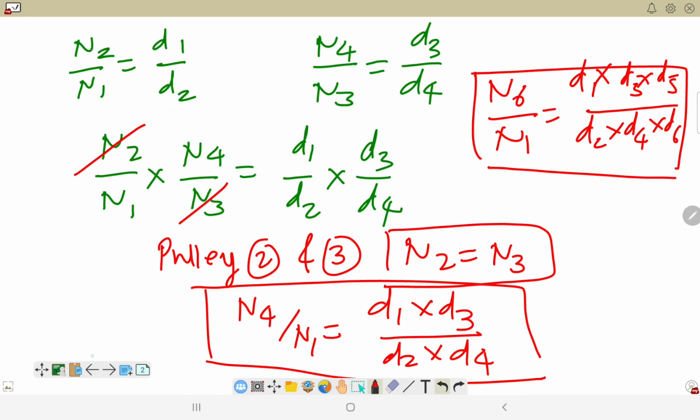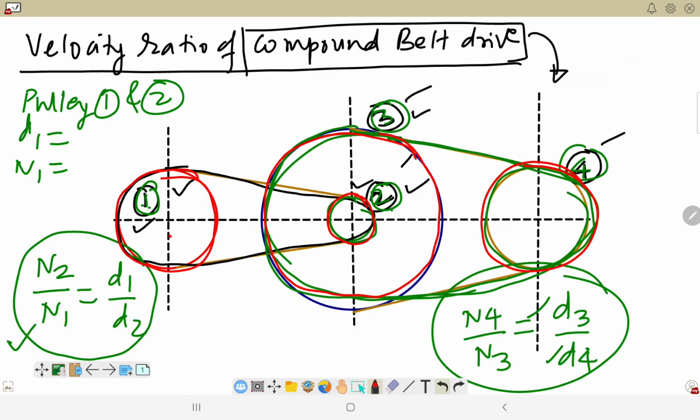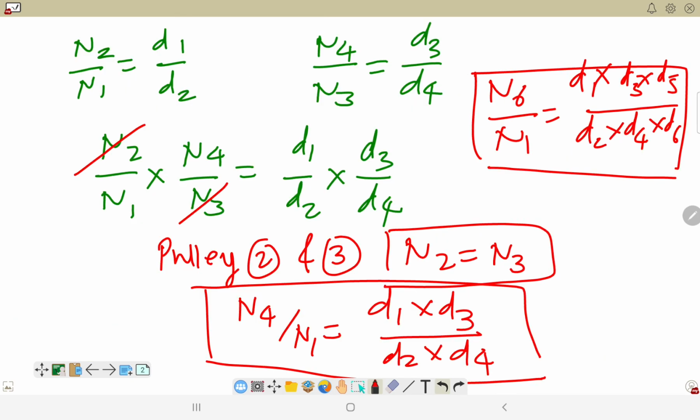As you can see in the last formula, D1 and D3 are in the numerator, divided by D2 multiplied by D4. D1 is the diameter of the driver pulley and D3 is the diameter of another driver pulley, pulley number 3, and they are at the upper side.